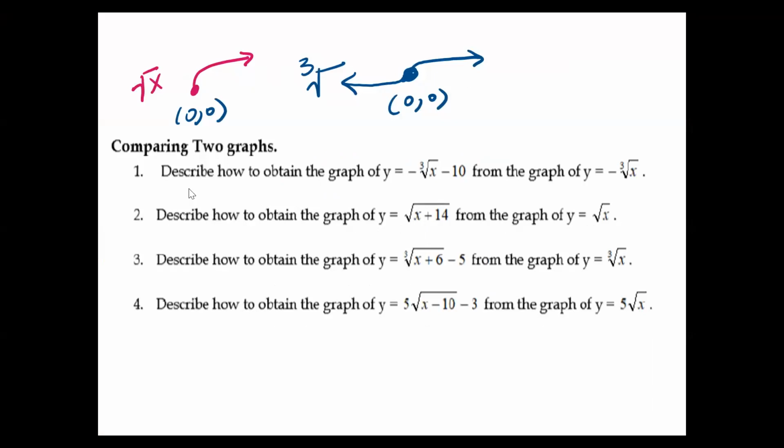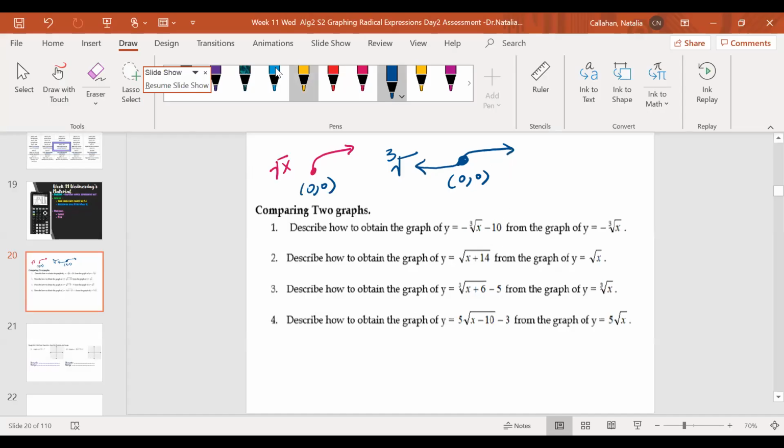So for number 1, it says describe how to obtain the graph of this from the graph of that right there. And as I'm looking at this, the only thing that's going to be different is that you have a negative 10.